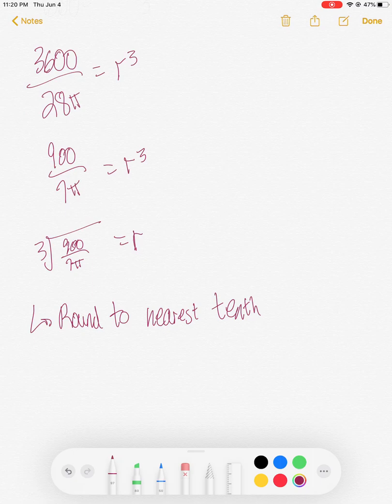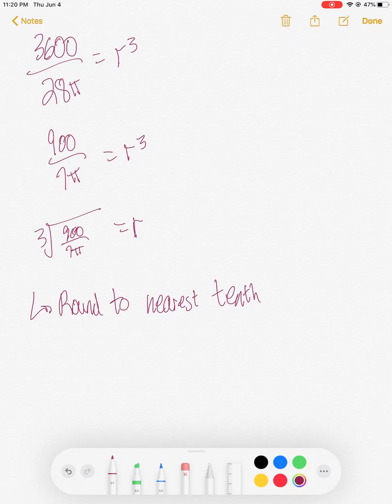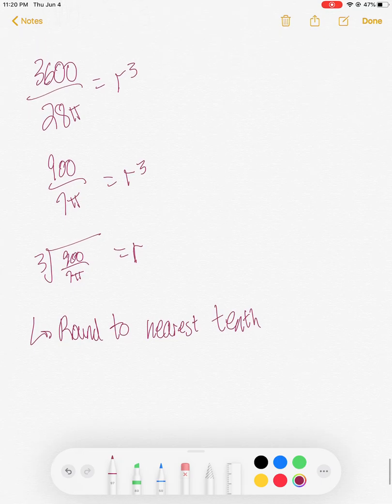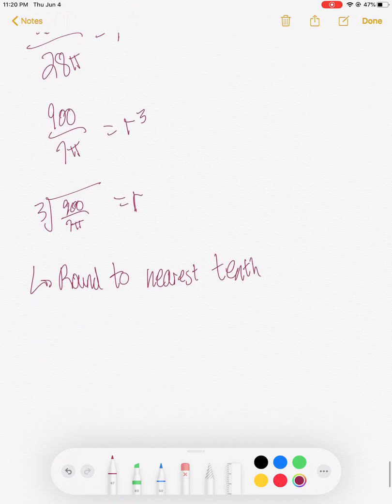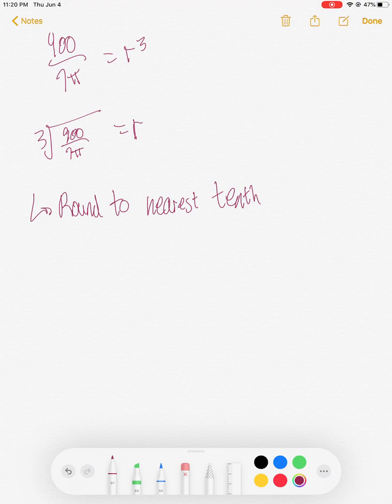So I'm going to wrap up in just a minute, but let me talk you through how we would finish this up, because from here it's mostly just plug and chug. We now have our value for r. Once you have plugged it into a calculator, you have determined this thing to the nearest tenth. So rather than this hideous looking thing, you have, I don't know, 10.1 or something nice.